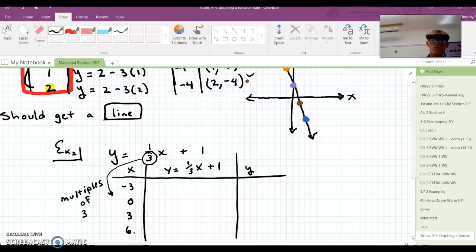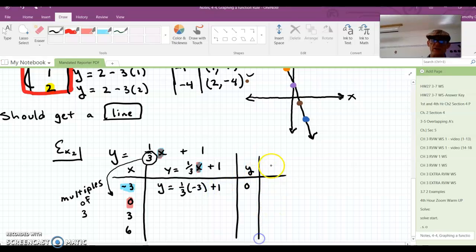Okay. So now I'm going to substitute this -3 in for this x. All right, I'm going to get out a y. And then I'll substitute in the 0 for the x. All right, I'll get out a y, and the same is true for these, just like I did the first table. So I write y equals 1/3 times -3 plus 1, which is 0.